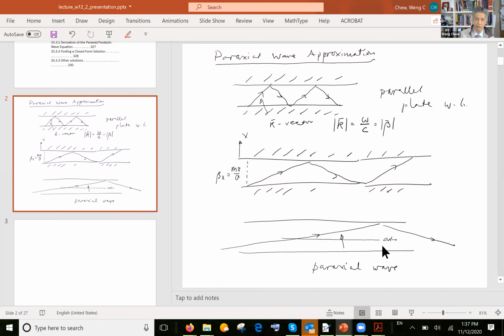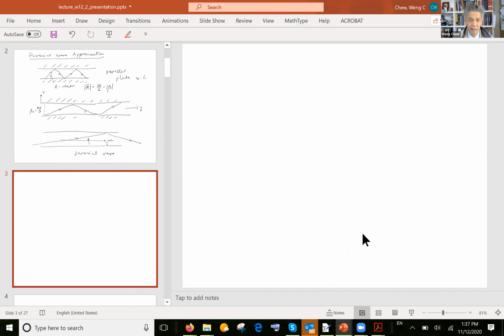So a paraxial wave is a wave that is propagating almost parallel to the x-axis, or in this case, the z-axis. We can call this the z-axis, for instance. So let's look for the solution of the wave equation when the frequency is very high.